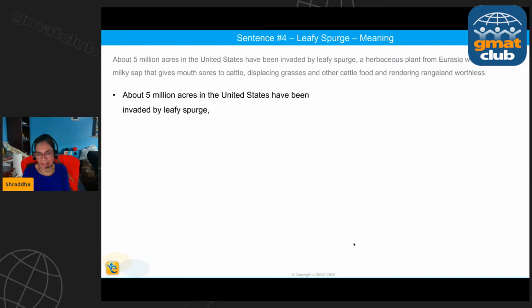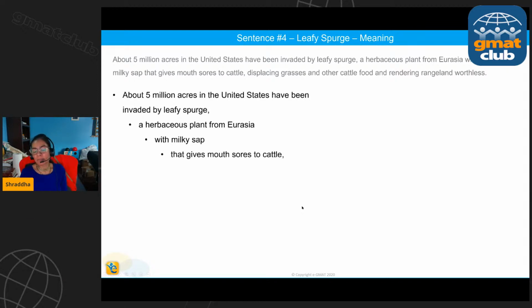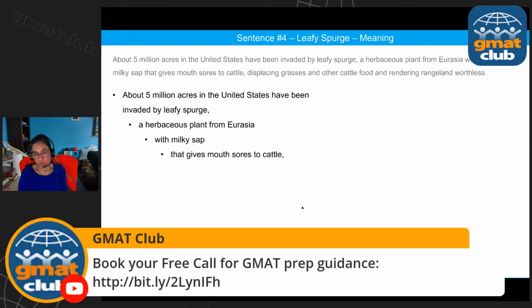So a huge land area in the US has been invaded by something called leafy spurge, and the author kindly explains to us what a leafy spurge is. It's a herbaceous plant. Even if I don't understand the meaning of herbaceous, it's fine because we know that it's some kind of a plant that came from Eurasia. It contains milky sap. This milky sap gives mouth sores to cattle.